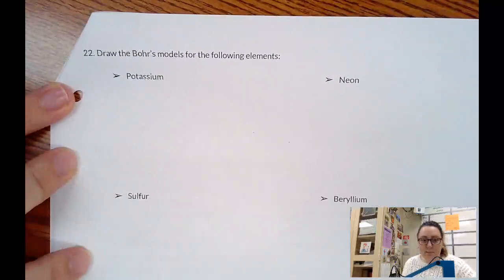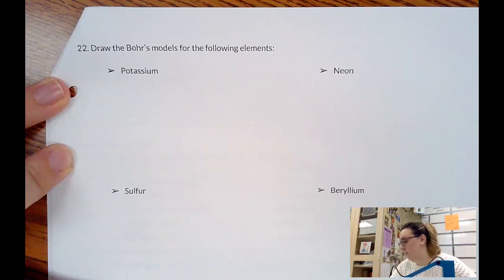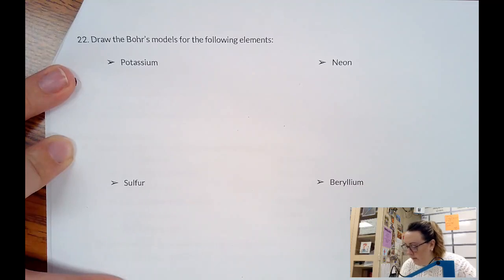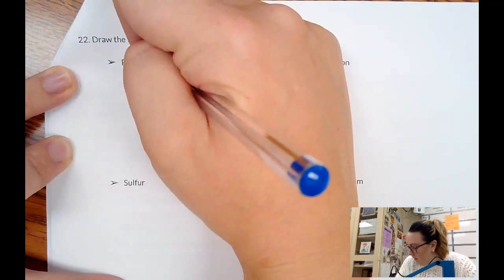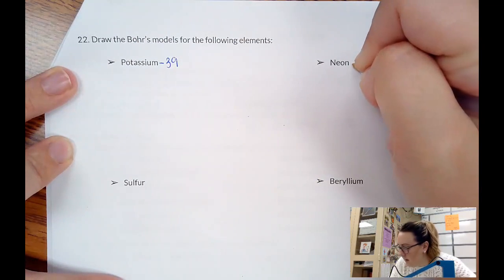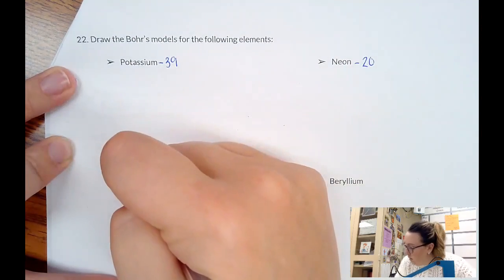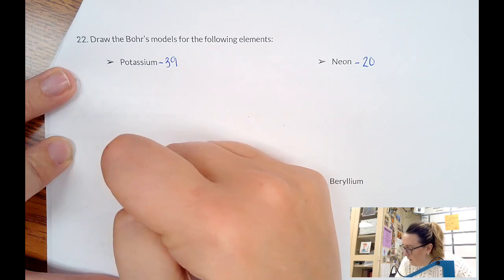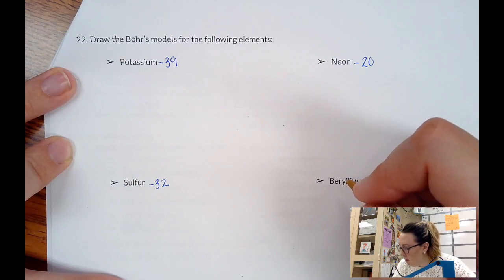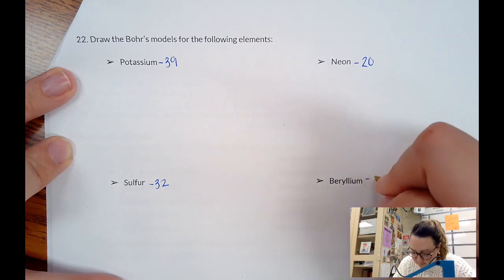Draw the Bohr's model for the following elements. All right, I will give us the masses here. So this would be potassium 39. This is neon 20, sulfur 32, and beryllium 9.